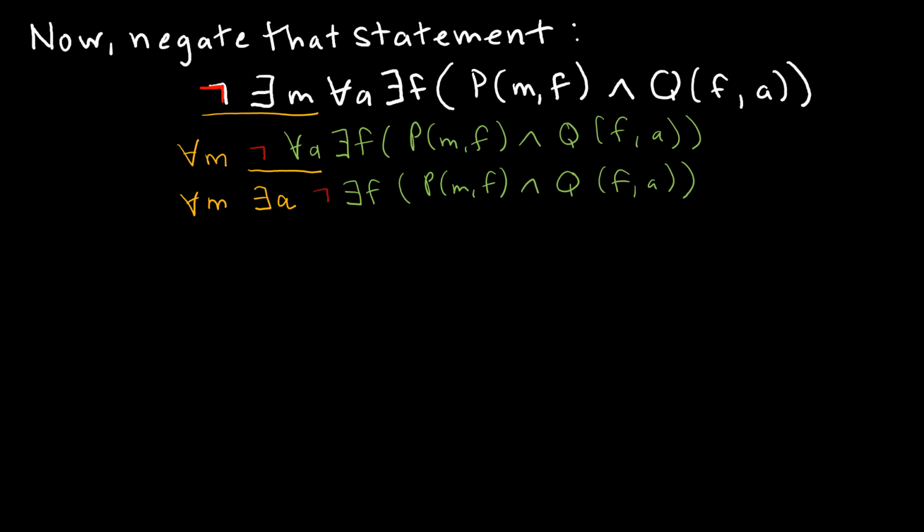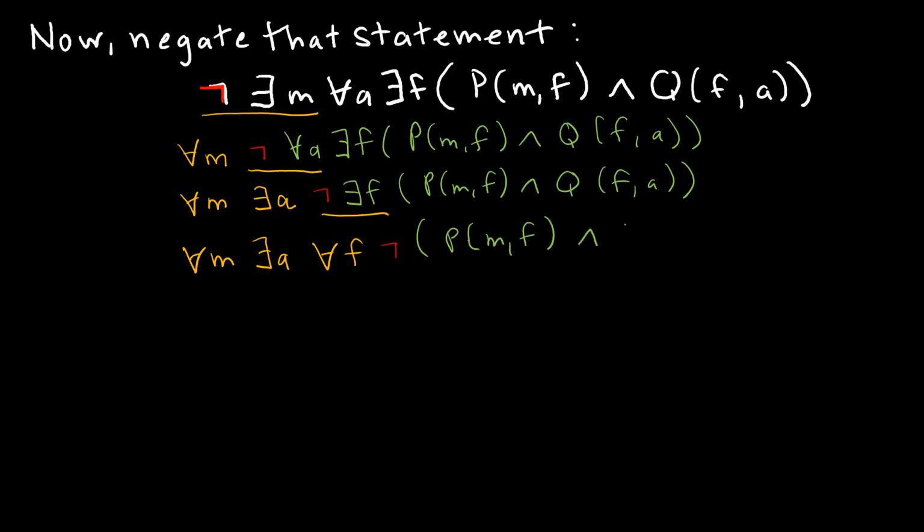I just want to keep moving it in as far as I can get it. What's next? Well, now I can negate there exists a flight. And what is the negation of there exists a flight? Well, this stays the same, this stays the same. And I'm saying for all flights, not everything else.